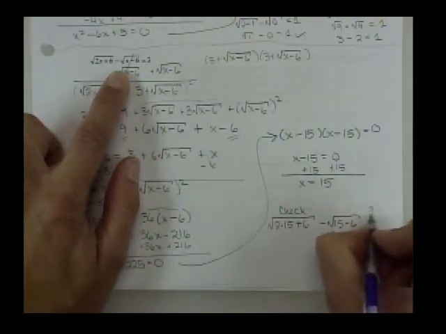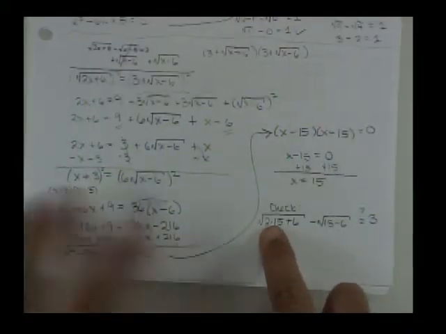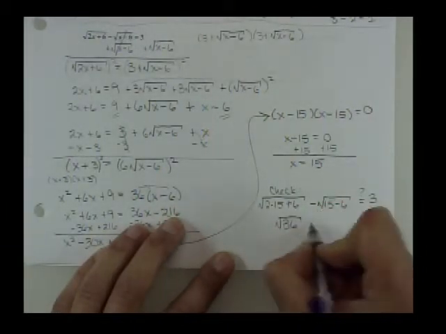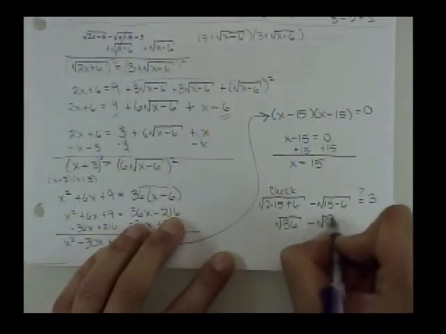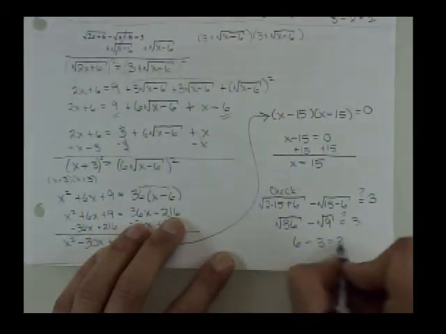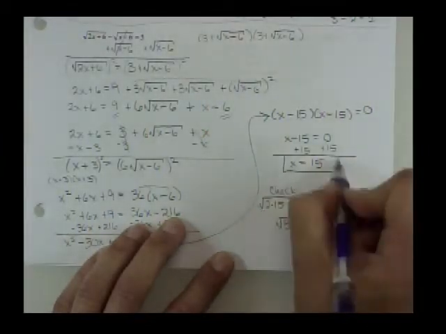Does that equal 3? So that's 2 times 15 is 30 plus 6, so the square root of 36 minus the square root of 9. Yeah, that's 6 minus 3. So x equals 15 worked.